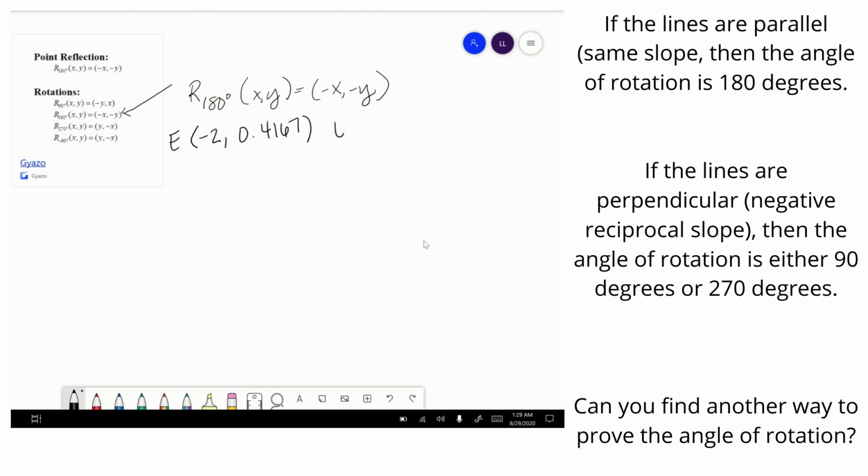My second point is E prime: 2, comma, negative 0.4167. And now I am going to find the slope and the distance. The other point that I'm going to be thinking about is the center of rotation, and the center of rotation is going to be 0, 0 for us.